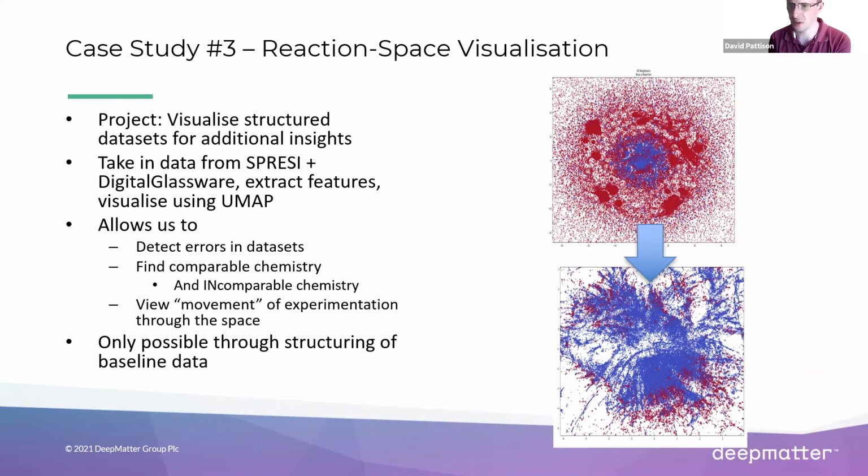This reaction shouldn't be here at all. All the ones in this cluster are just wrong in some way. Or we can say, oh, why are these points over here? Why are they next to these points here? Oh, it's because they've got this particular type of behavior.